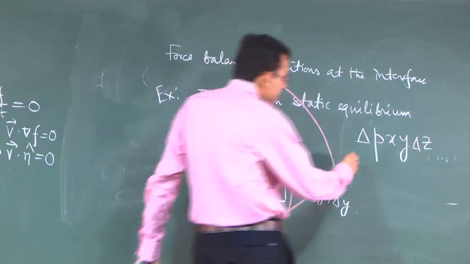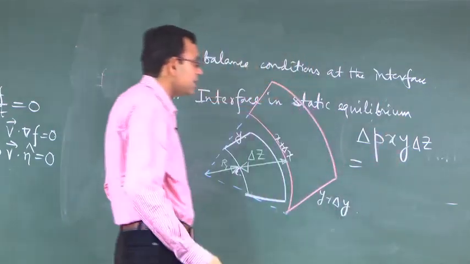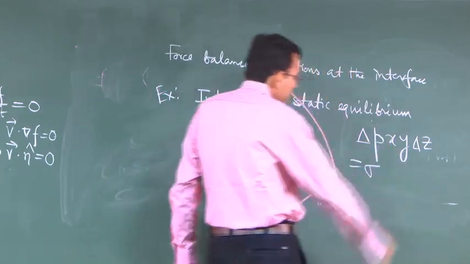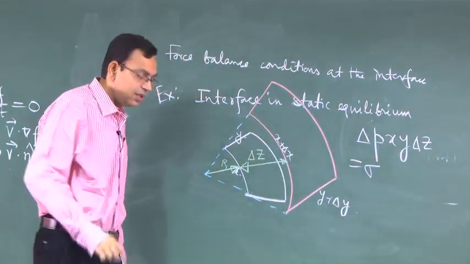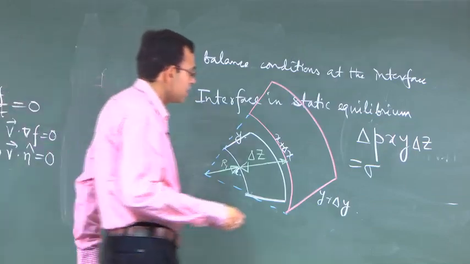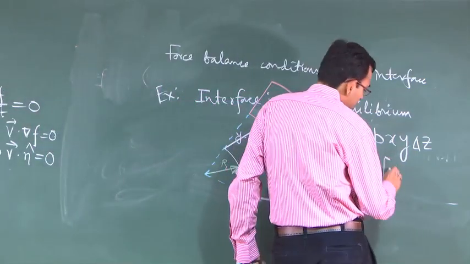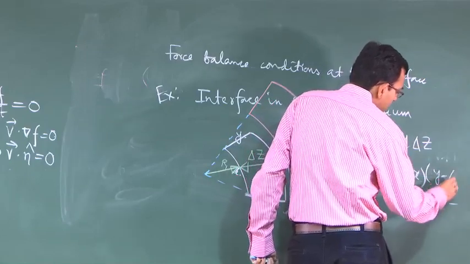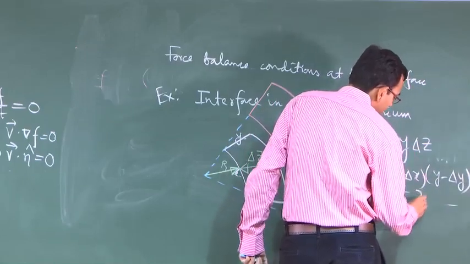What is that energy? That energy is nothing but the surface energy. The surface energy is the surface tension times the change in area. So, the change in area is x plus delta x into y plus delta y minus xy.